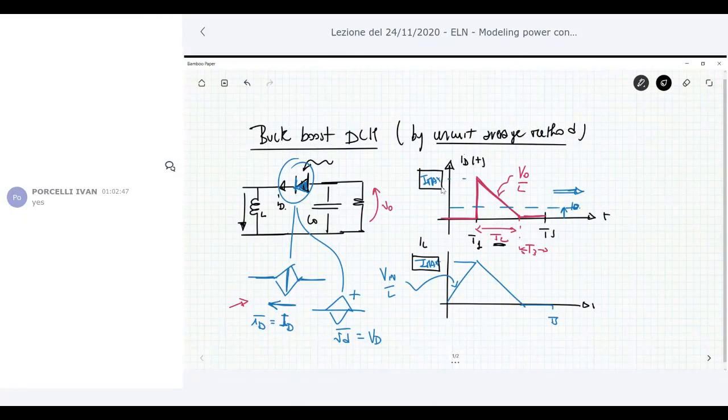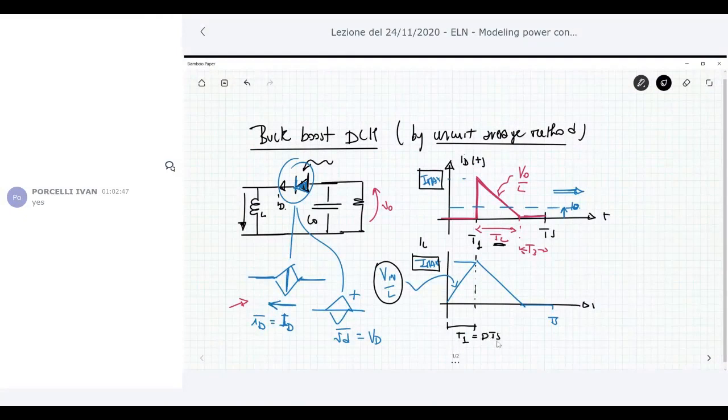Okay, this peak value can be easily derived looking at the time interval T1. Okay, you have a slope, and the slope is the input voltage over L. This slope has a duration which is T1, so T1 is the duty cycle multiplied by Ts.